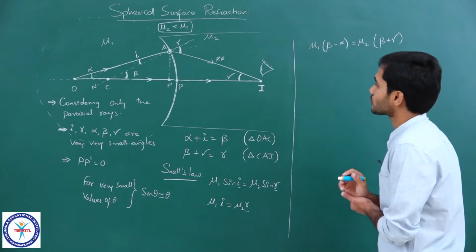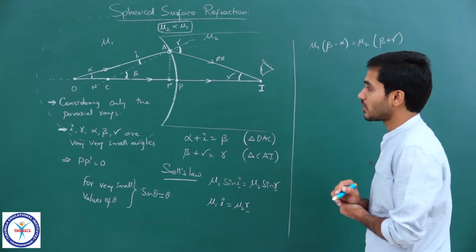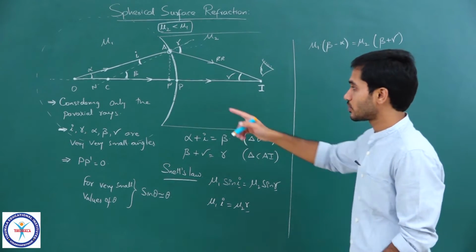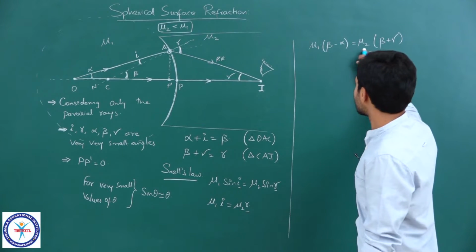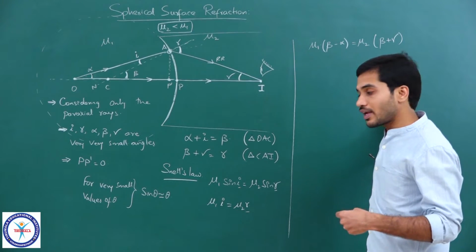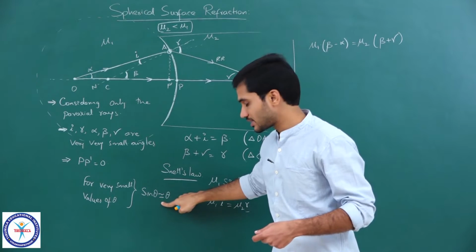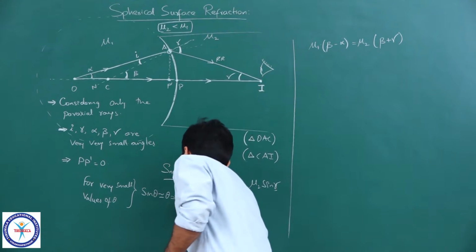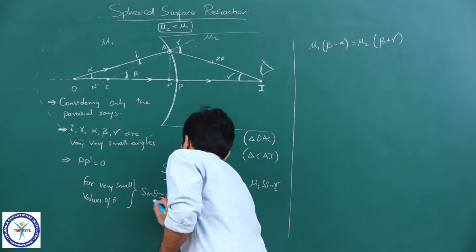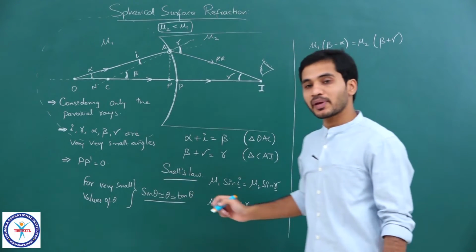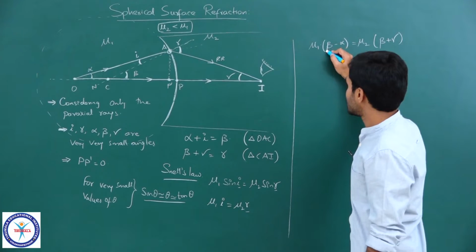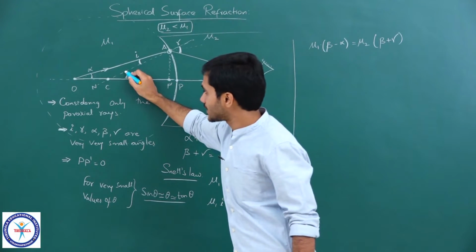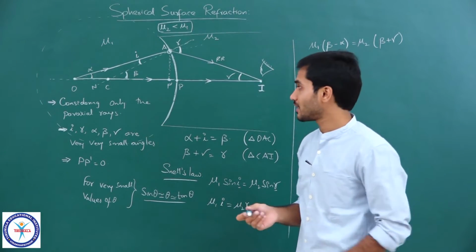So, here we know what alpha, beta and gamma represent, right. Because these angles are small, we can understand the value of sin theta as theta, and this can also be understood as tan theta. So, I will be applying that result here. Beta can be understood as tan beta, and you know how to write tan beta?